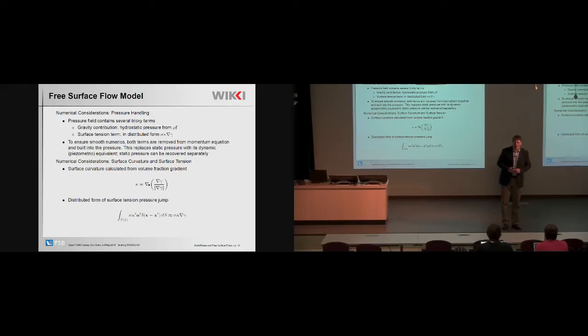In these formulations, we also use something called the piezometric pressure distribution. So the idea is this. If you have a glass of water on the table, the distribution of the pressure in the glass will be linear, because of the hydrostatic component, which is rho g h.